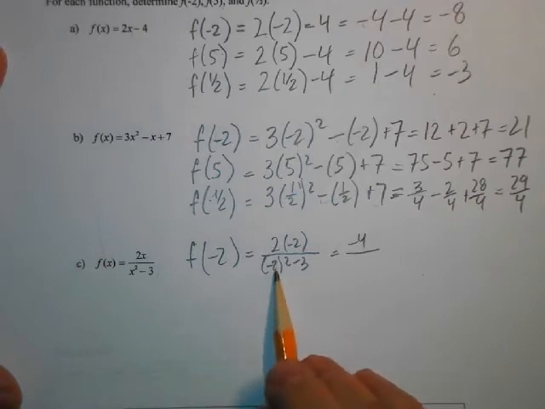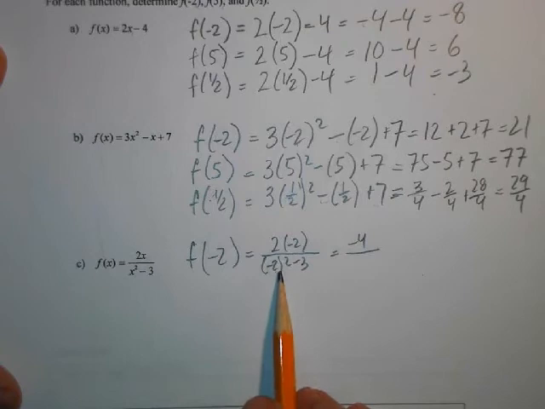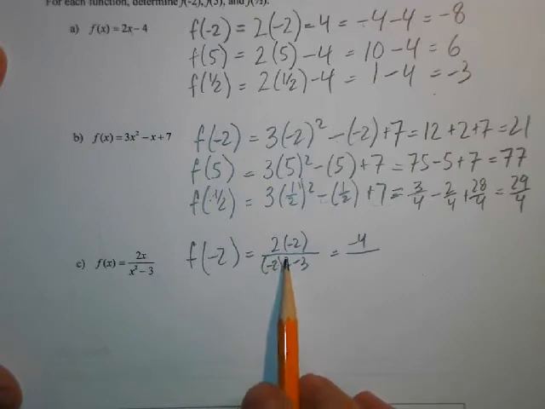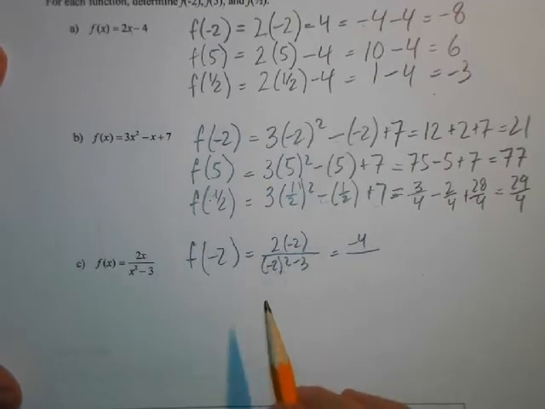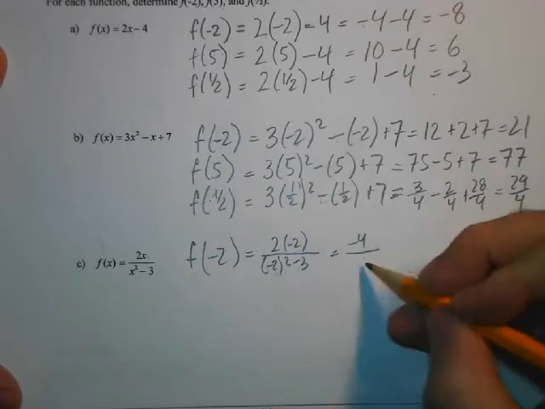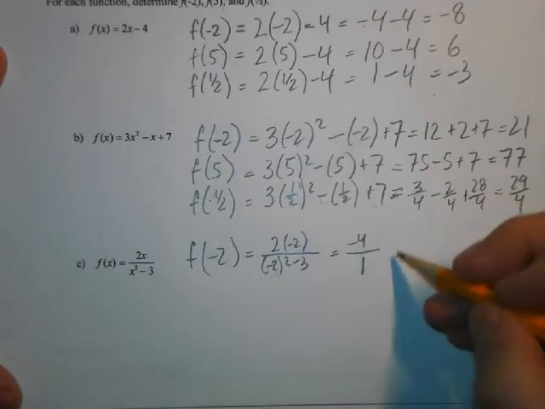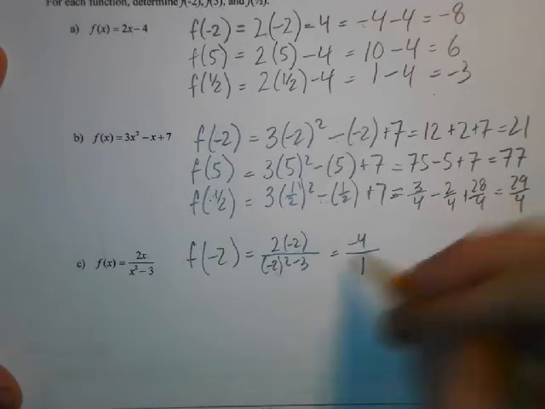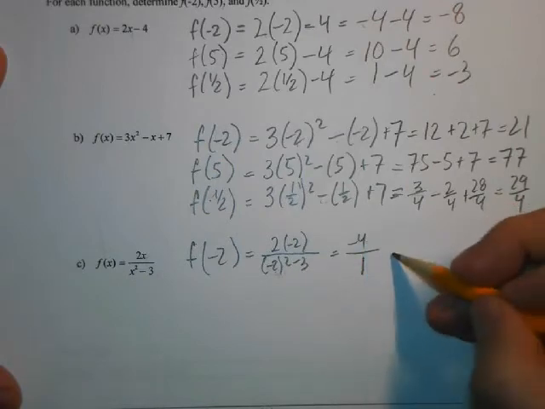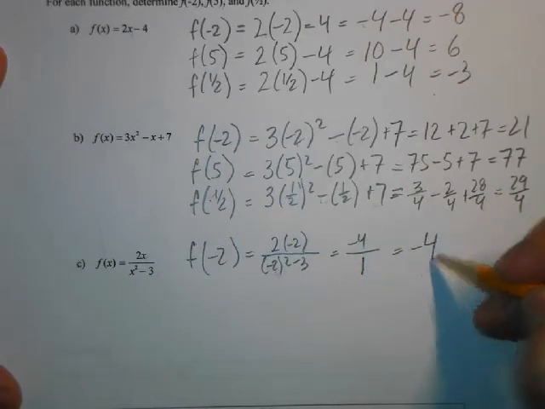This is why it's important to put your brackets around this, because you're squaring -2. It's not subtract 2 squared. It's -2 times -2, which is +4. +4 plus -3 is 1. And so the answer overall is -4.